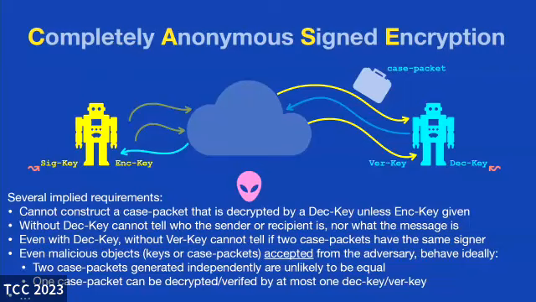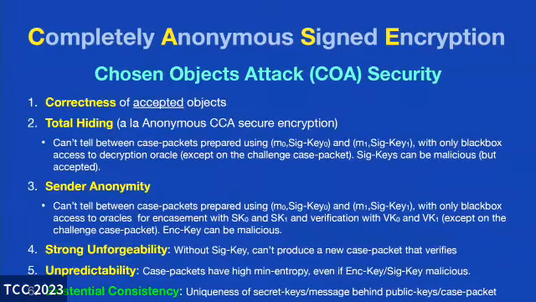Or if you create two CASE packets using maliciously created keys, they will not accidentally turn out to be the same CASE packet; they stay different. So we collect a bunch of these requirements and form this definition called chosen objects attack security.